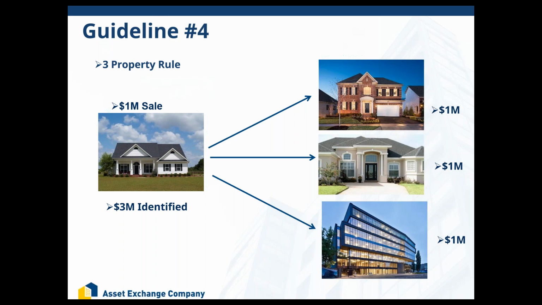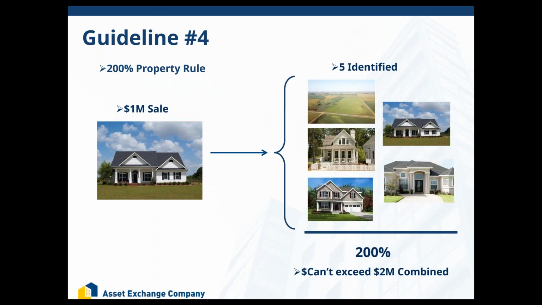That's one of the properties they identify, and then maybe they'll identify 2 other properties just as backup. Because after midnight of the 45th day, if something happens to that contract and the whole thing falls apart, at least they'd have the opportunity to purchase those 2 other properties they identified on the form by midnight of the 45th day. So that's the 3 property rule.